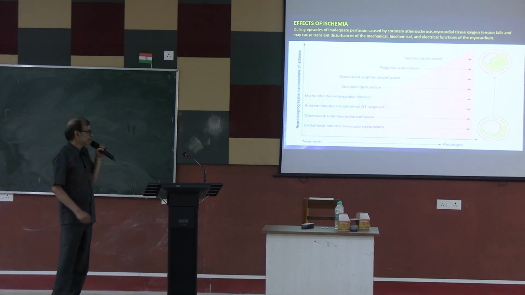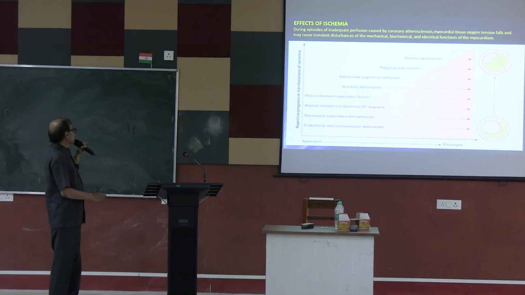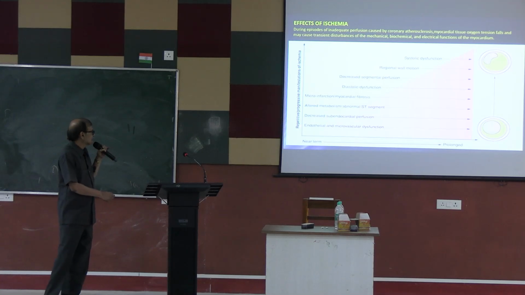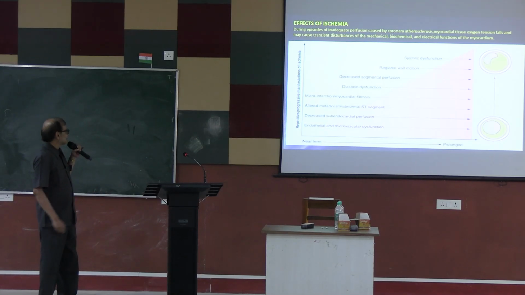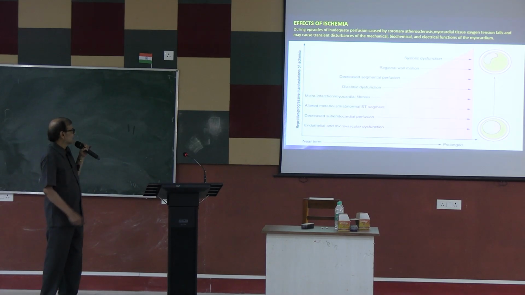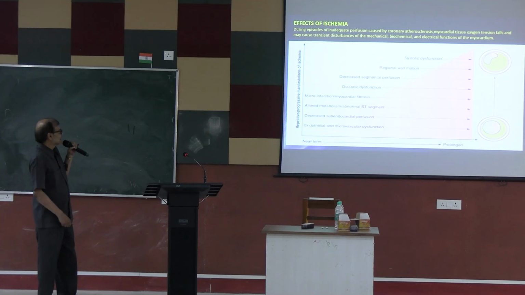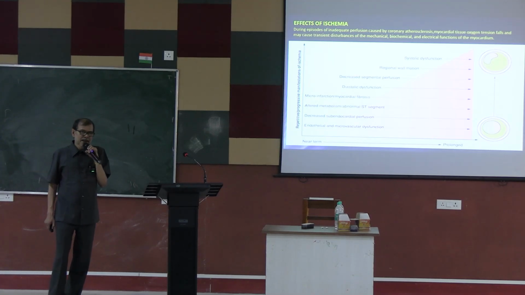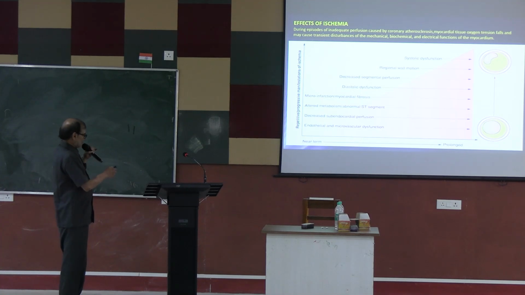So progressive manifestation of ischemia and progression of the atherosclerosis result in endothelial and microvascular dysfunction, decreased subendocardial perfusion, altered metabolism, and abnormal ST segment at this stage, then microinfarction or myocardial fibrosis, diastolic dysfunction, segmental hypoperfusion, regional wall motion, and ultimately the systolic dysfunction.